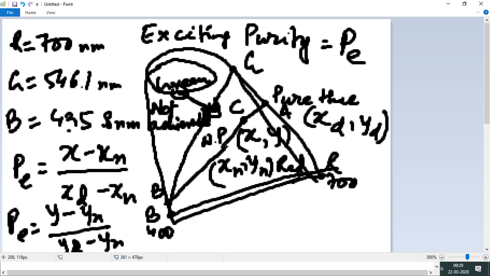So that is equal to x minus xn, x being the x coordinate of the color in question, xn being the x coordinate of the illuminant or white point, xd being the x coordinate of the pure hue in question, and similarly for y. So this is what excitation purity is and how to calculate it.